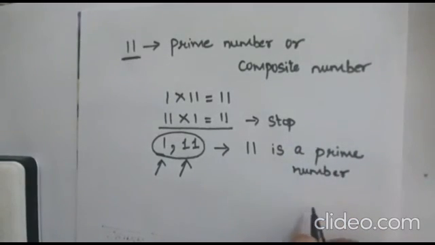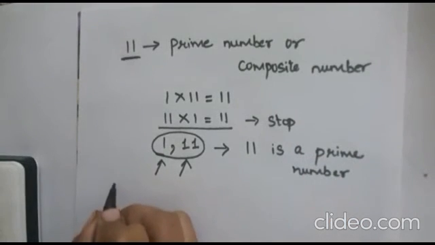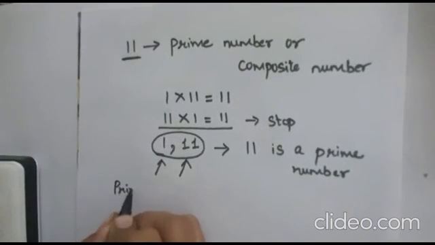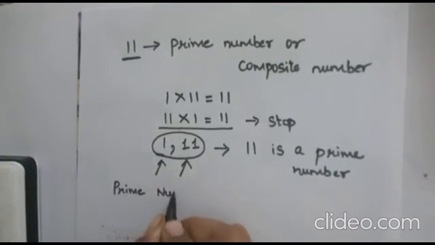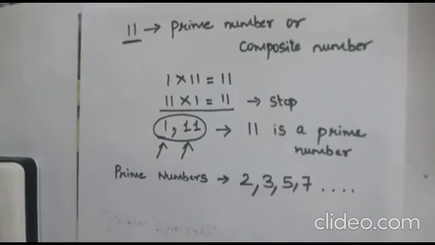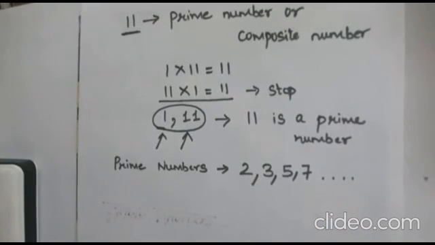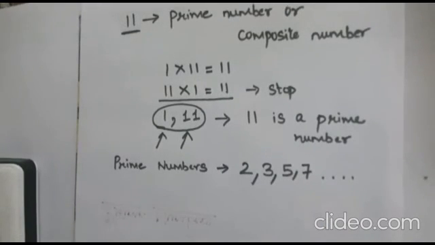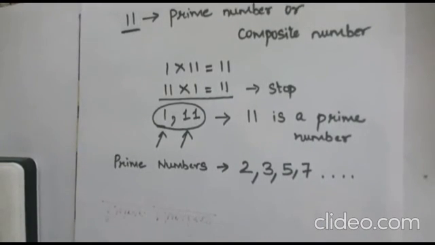Clear, children? So if we have to write the prime numbers, we can write 2, 3, 5, 7 and so on. There are so many prime numbers. Now children, you will do an activity.